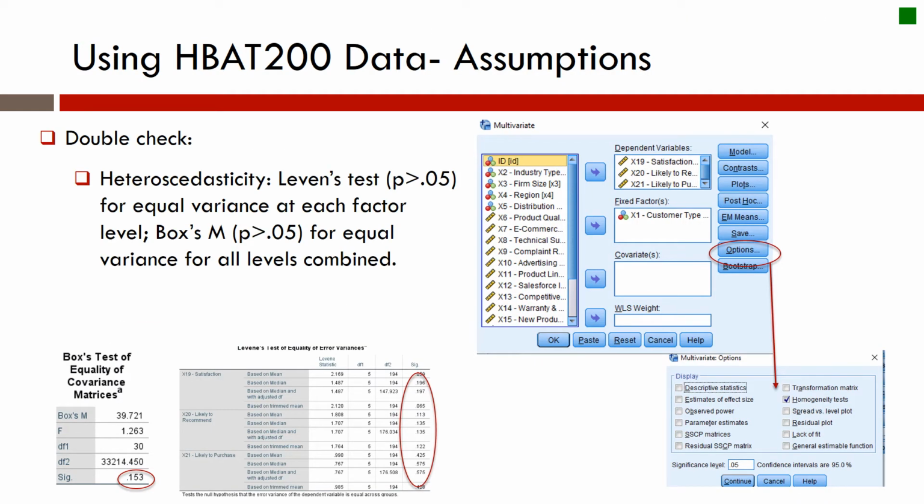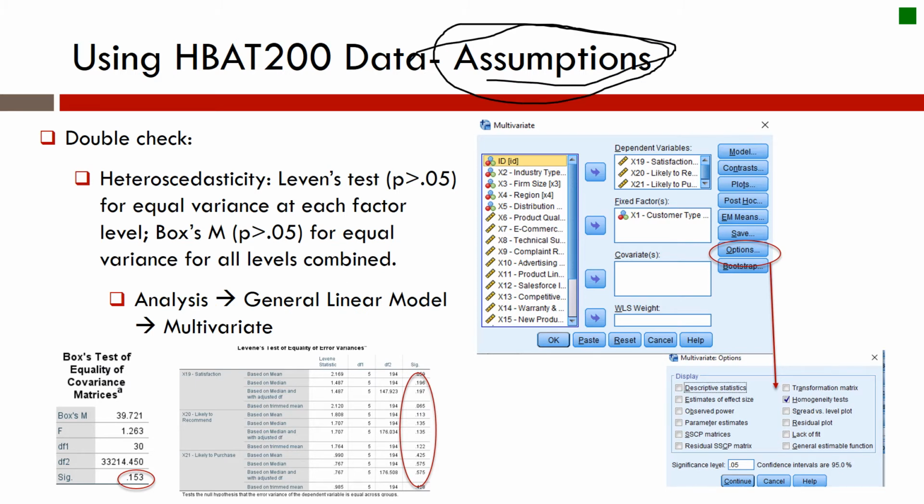So like with all our analysis, you do the assumptions tests. This is like a broken record. We do tests for heteroskedasticity. What we're looking for are Levene's test, and specifically Box's M test under options and homogeneity tests, and everything here looks like it's above 0.05. Above 0.05 for Levene's test and Box's M test is sufficient.